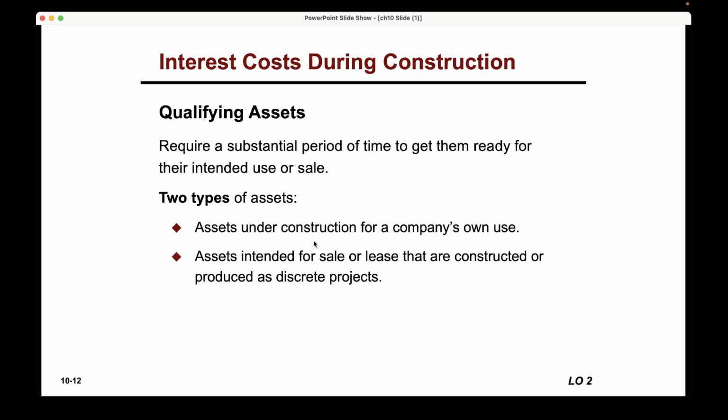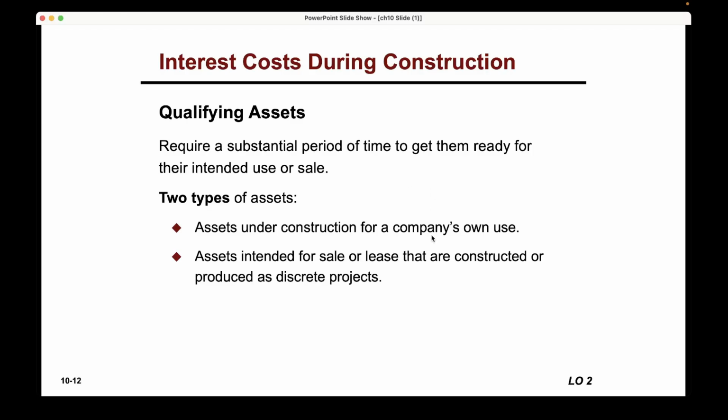Assets under constructions for a company's use include assets like factory, office buildings, or specialized machinery that the company is building for its internal operations. Since these assets take a long time to complete, the interest incurred during constructions can be capitalized. And this is the first one.